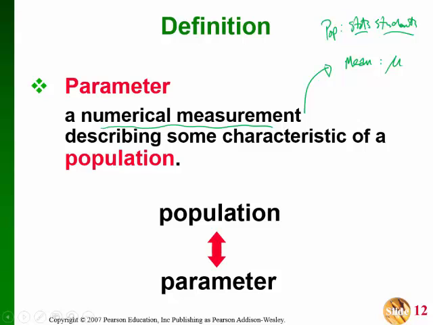And in Greek, it's more associated with the letter M than U. This is mu, and the M stands for mean. And this is your example of a parameter. For the parameter, if you're talking about the mean of a population, then I would use mu.